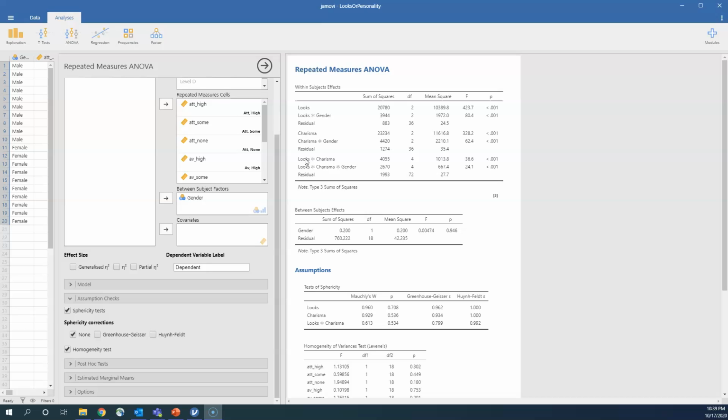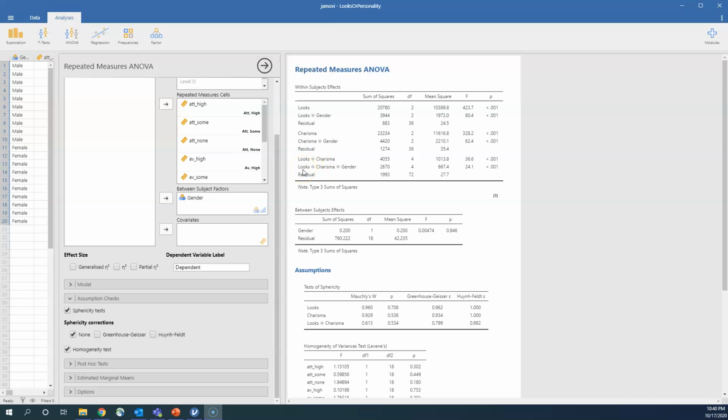So we'll look at specifically how that was in some line graphs later on, but we can assume that how much your attractiveness level impacts the enjoyment of the date depends on your charisma. And similarly, how much charisma matters in your enjoyment of the date depends on how attractive you are. So we'll look at that interaction there.